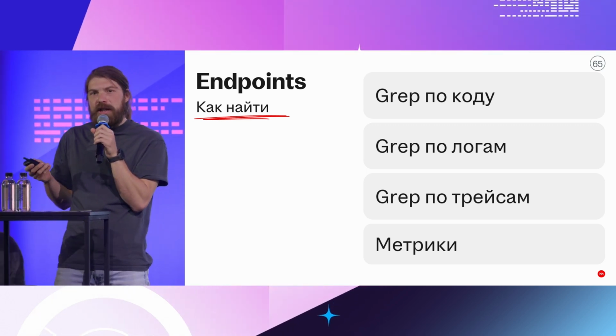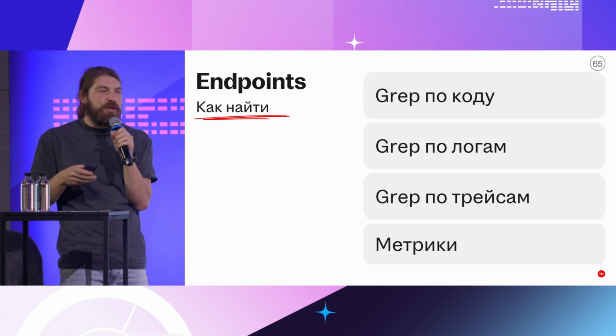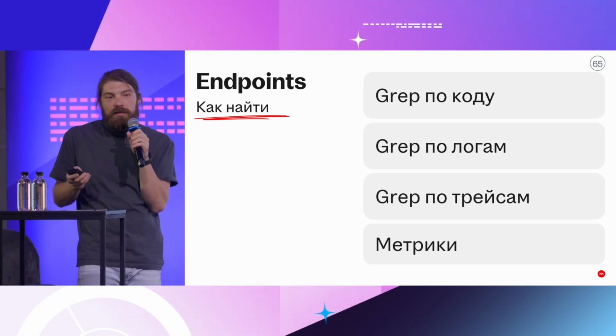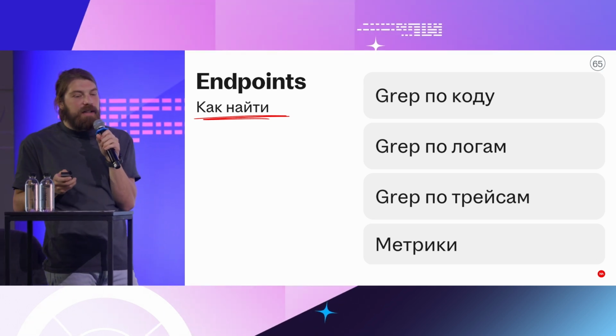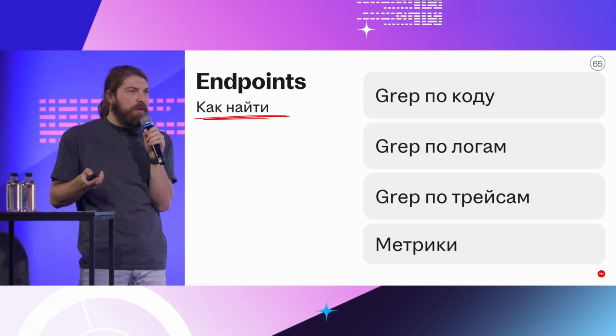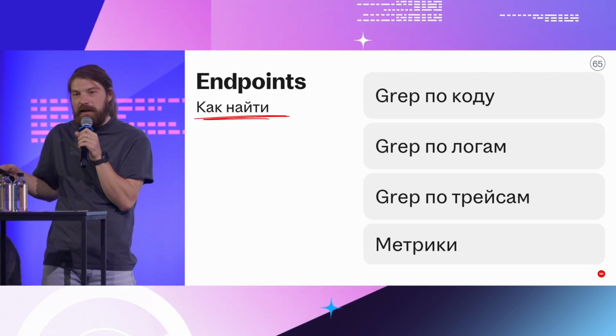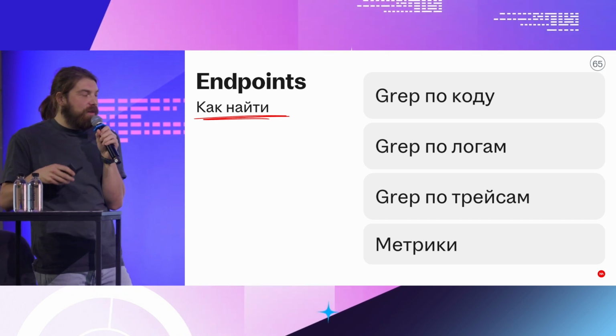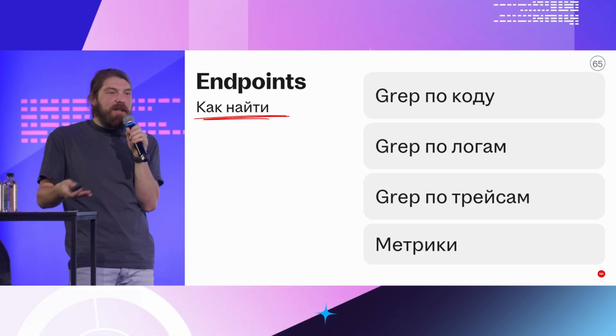And you can also use metrics, but we decided that the data cardinality is too high and would require keeping it all for too long. So as a result, we made our choice on the tracing grep.